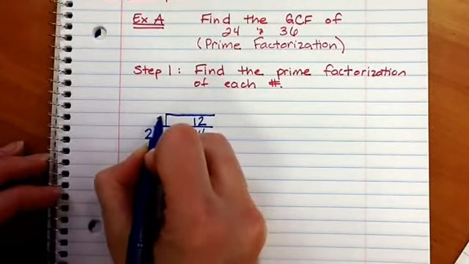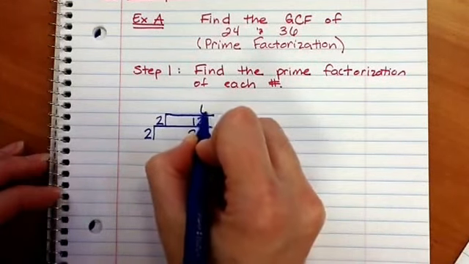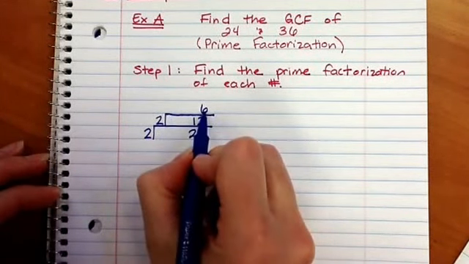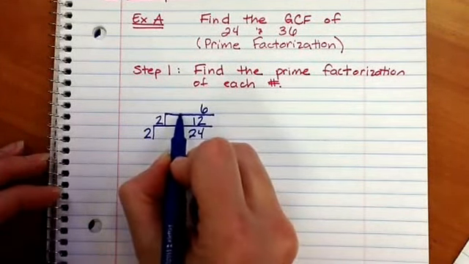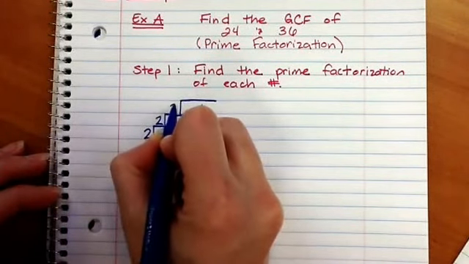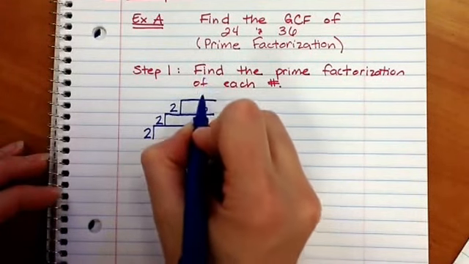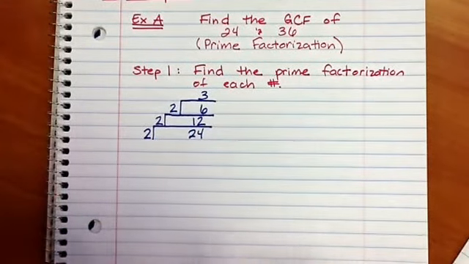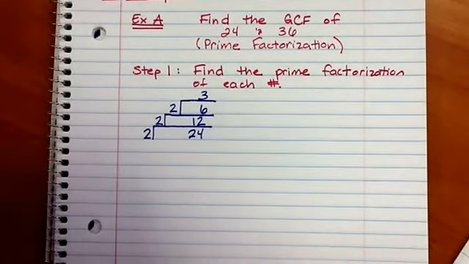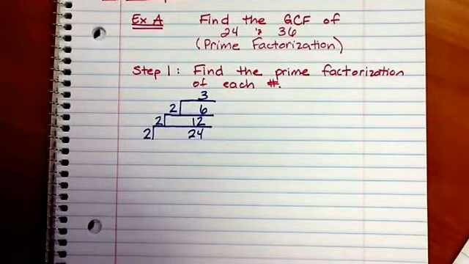And I know 2 will also go into 12. 2 goes into 12 6 times. 6 is not a prime number, so I divide it again. And I know 2 will also go into 6. So 2 goes into 6 3 times. 3 is a prime number, so I have found all of my prime numbers for 24.